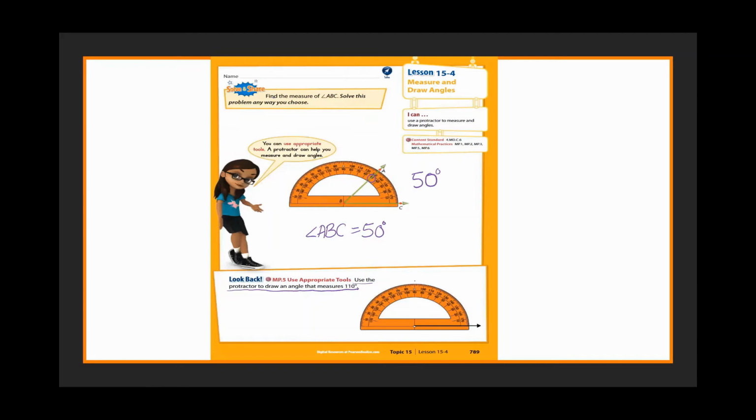So it should come somewhere between here, right? Greater than 90 degrees. So my 110 degrees is here. This is 110 degrees. Okay?